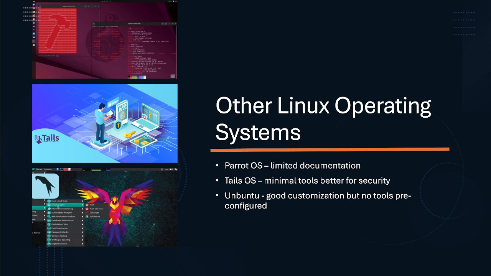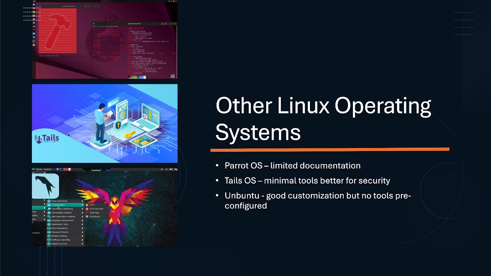Parrot OS, it's a great operating system, but it has very limited documentation. So is it really good? Yes. It's actually more lightweight than Kali, which theoretically means it runs better, but because of the limited documentation, it's just not as viable as a resource for digital forensics.